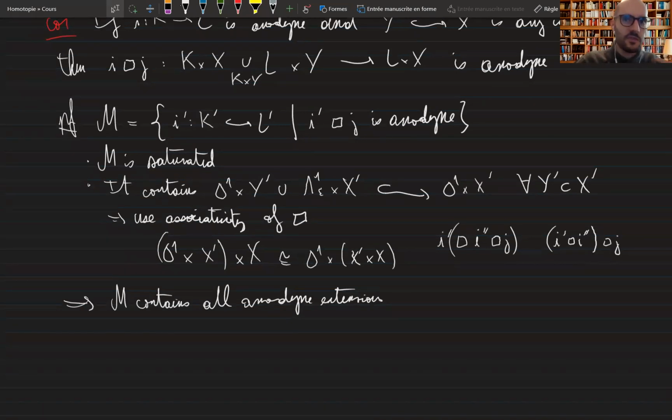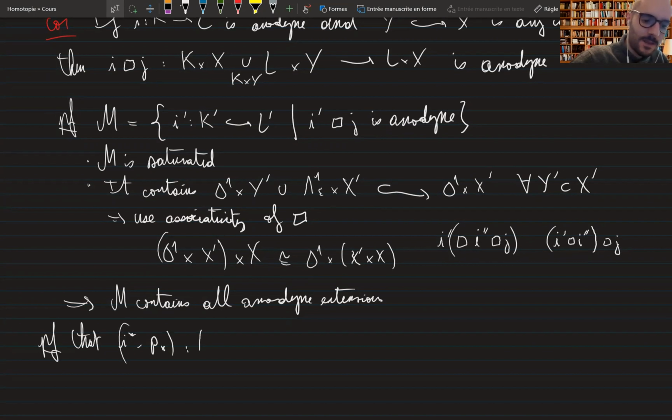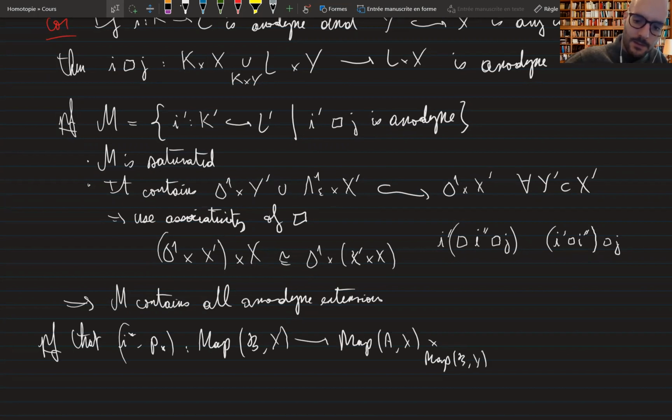So there is a lot of abstract nonsense going on, but it's not completely nonsense, right? Okay, so now from this we can prove that I star P star from map Bx to map Ax cross map By map, what did I say?